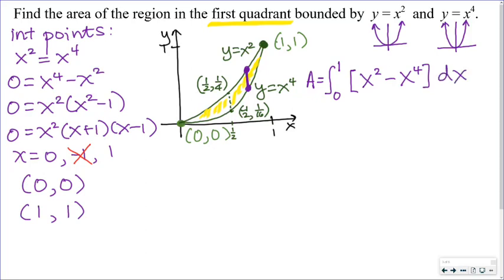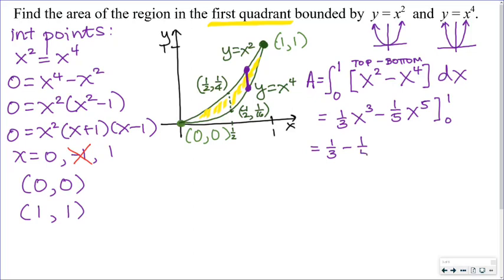So this is top minus bottom, or the bigger y value minus the smaller y value. So that gives me 1/3 x cubed minus 1/5 x to the 5th from 0 to 1, which is 1/3 minus 1/5, which is 2/15. That would be in units squared because we're talking about area.